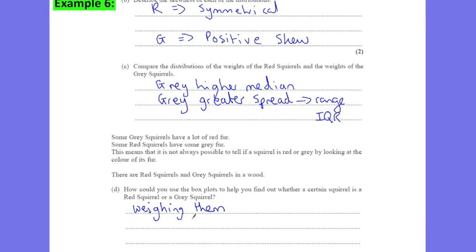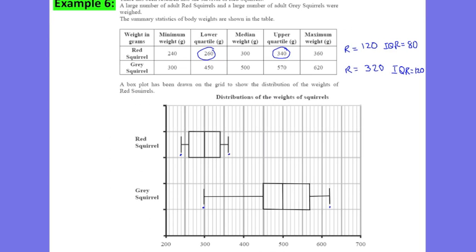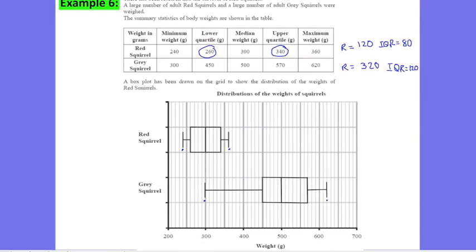Now, if they weigh more than 360, we're looking here that the heaviest squirrel in the sample is at this point at 360.